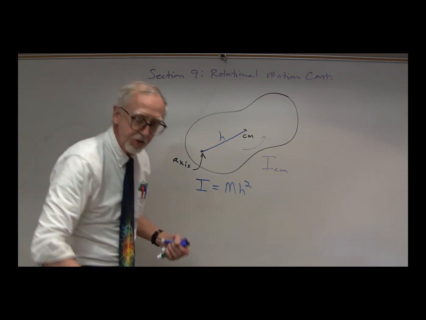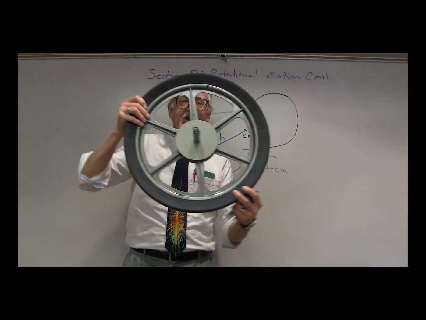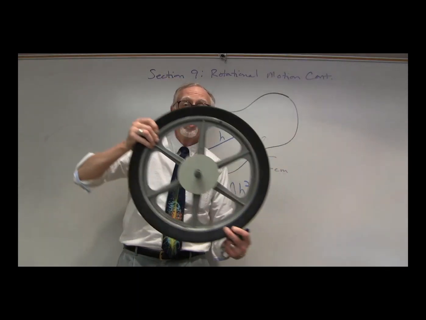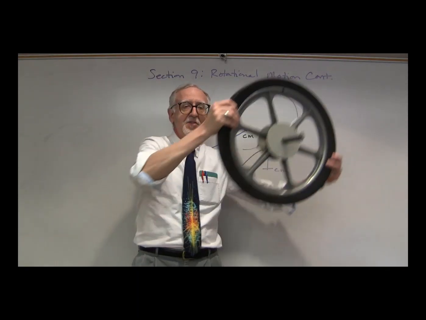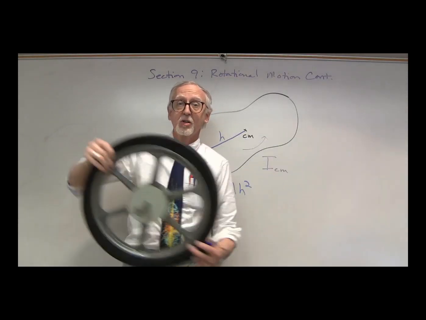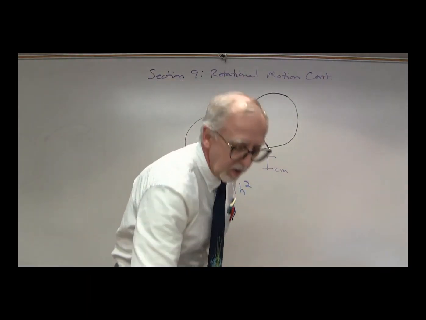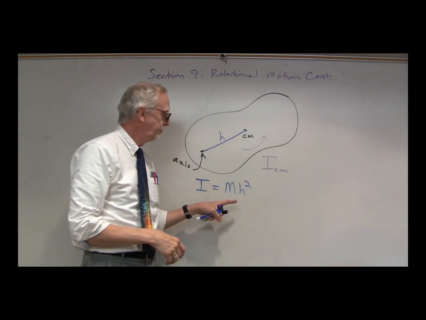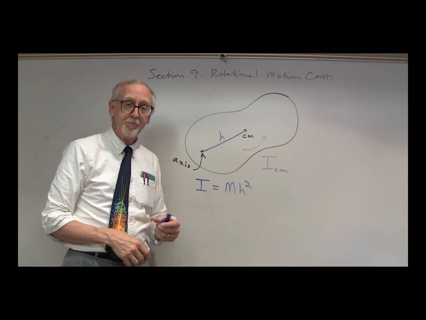That would be the moment of inertia of something just moving in a circle without rotating about its own axis. Every single particle is going around in a circle of the same radius, a radius, in this case, of h. So that's got a moment of inertia of mh squared.